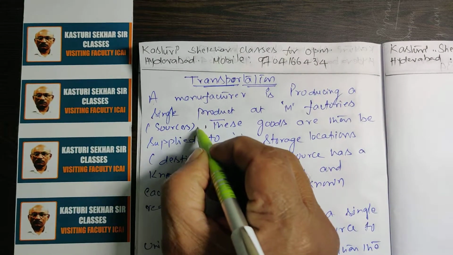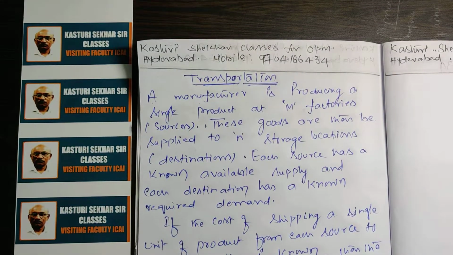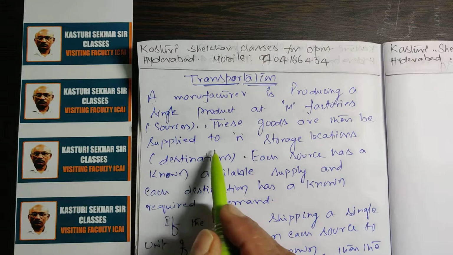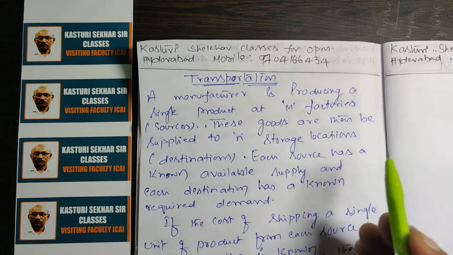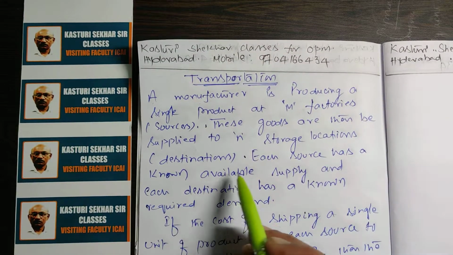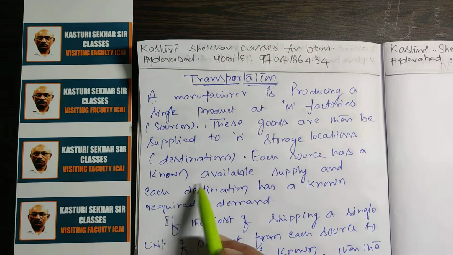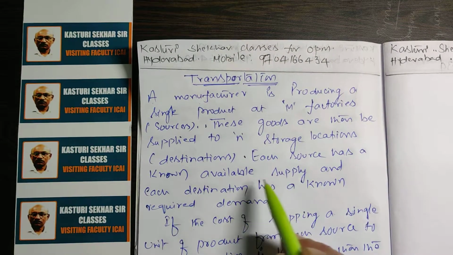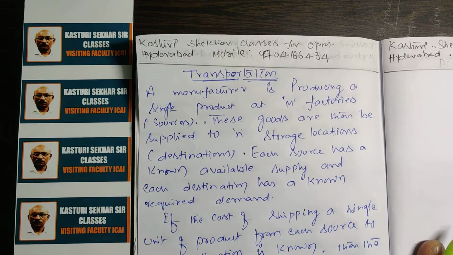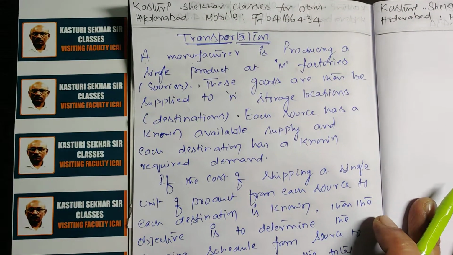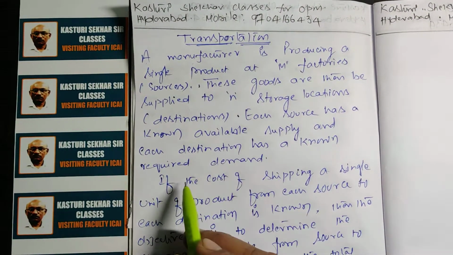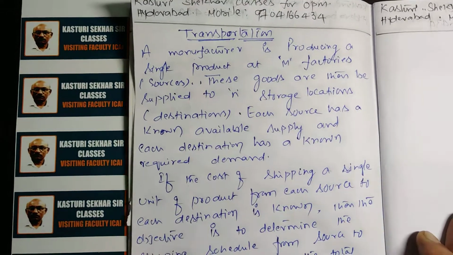These factories are known as source. These goods are then supplied to N storage locations. Each source has a known available supply and each destination has a known required demand.